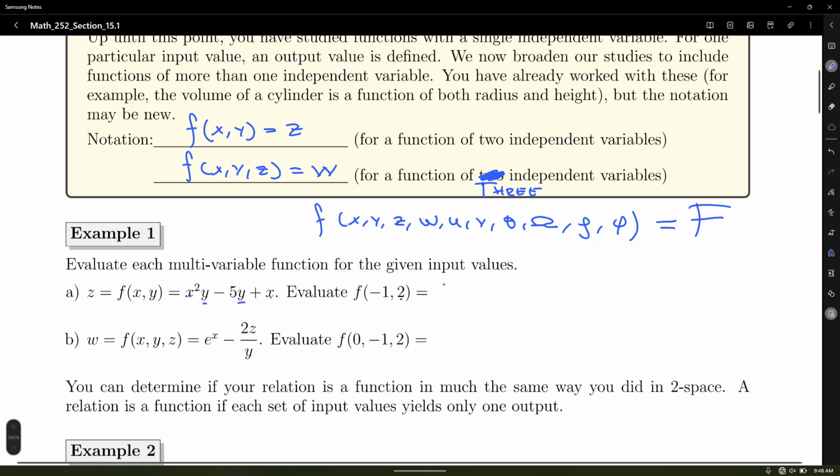That is, -1 squared times 2 minus 5y, which is 2, plus x, which is -1. And simplifying all this, that's going to give us a -1.